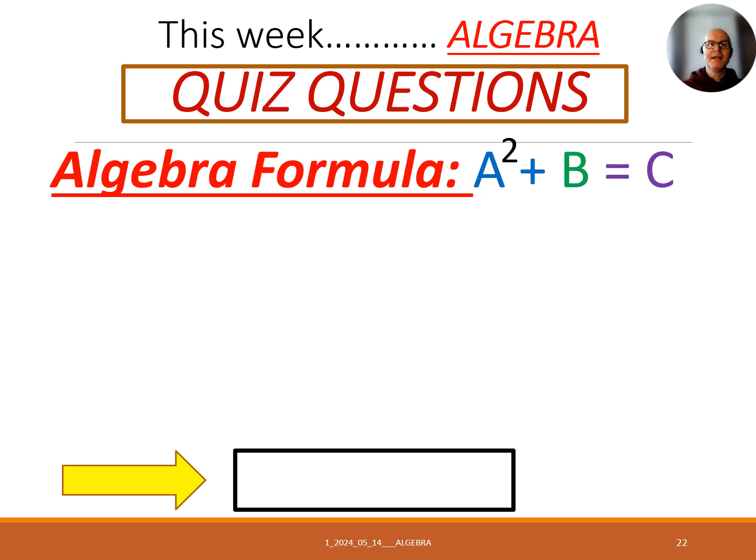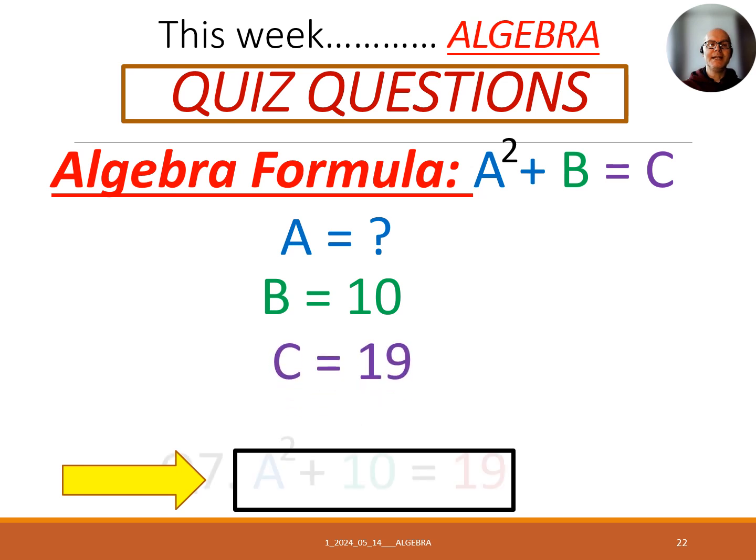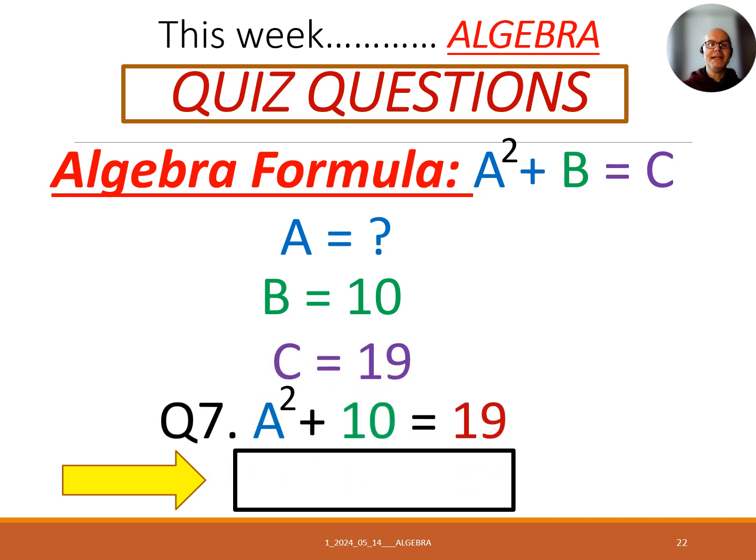Next question. A squared plus B equals C. A is what we're going to try and work out. B equals 10 and C equals 19. So A squared plus 10 equals 19. So which number squared plus 10 equals 19?